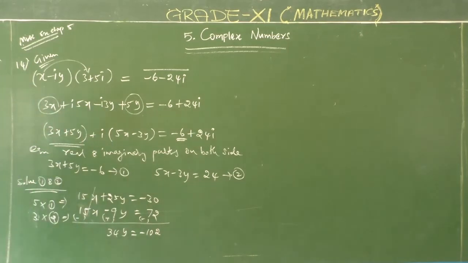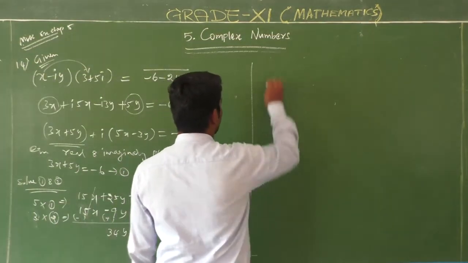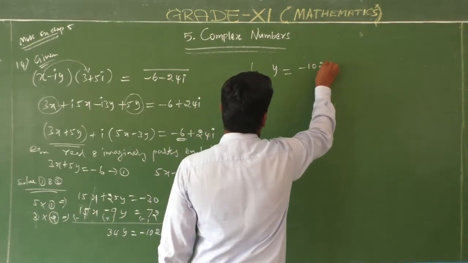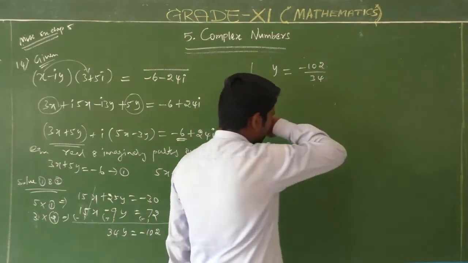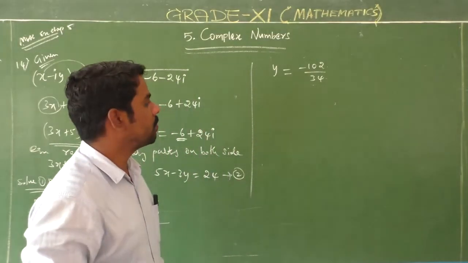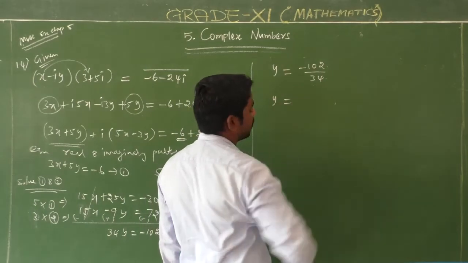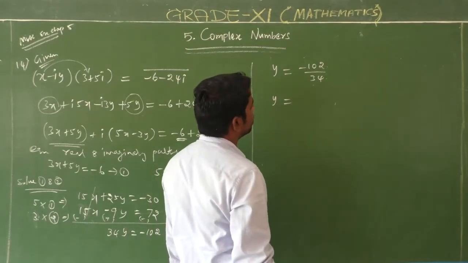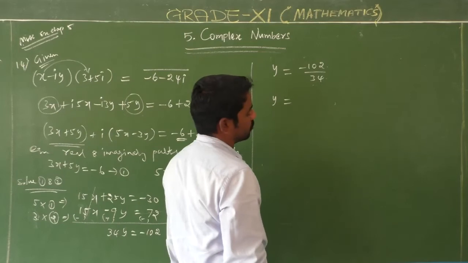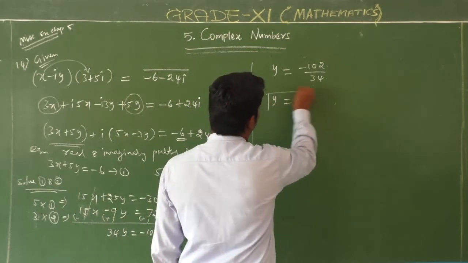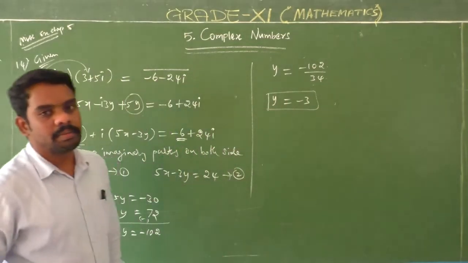So y is equal to minus 102 divided by 34. 3 into 34 is 102, so y is equal to minus 3.